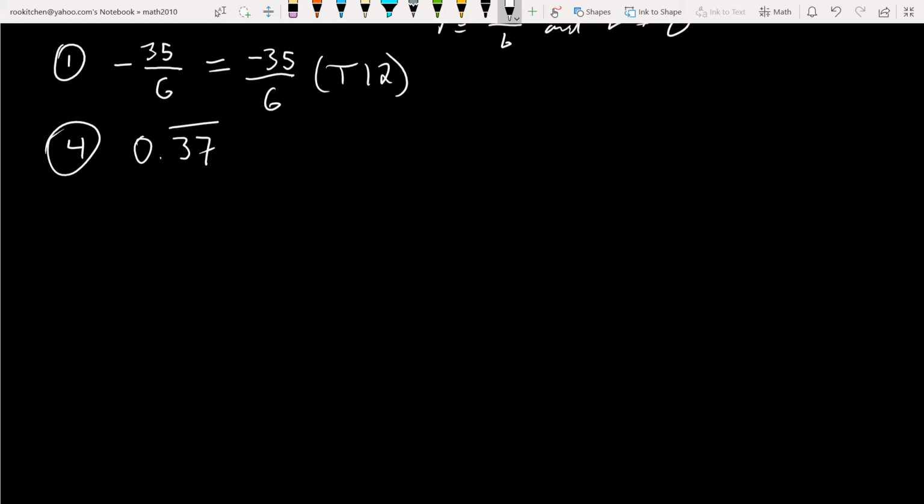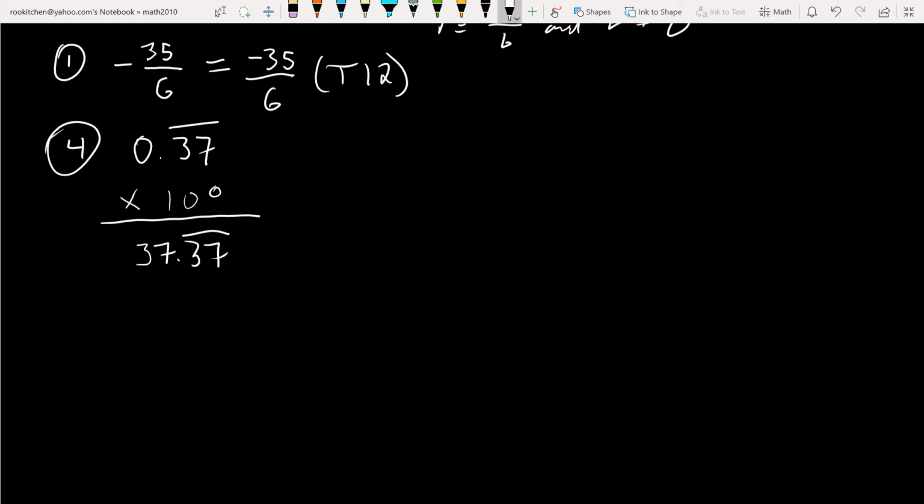Okay. So if you take this thing and multiply it by 100, it's going to move the decimal place 2 places to the right. So you'll end up with 37.37 repeating. Okay.